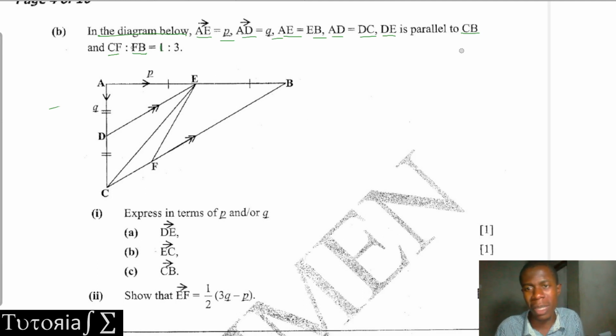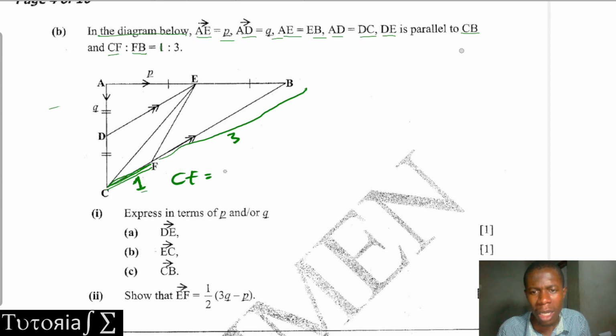Okay, so this basically means, if this is CF and this is FB, the smaller length is 1 and the other ratio is 3. So the length of CF is basically equal to 1 over the total, which is 1 plus 3, which is 4, so 1 over 4 of CB.